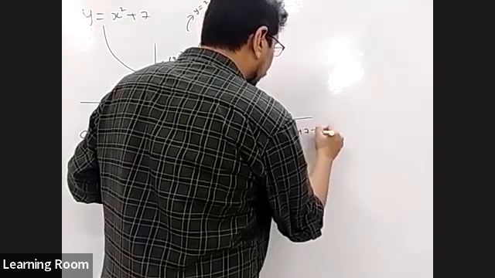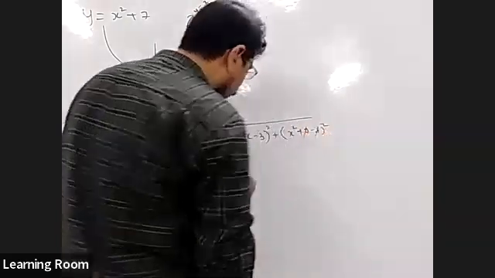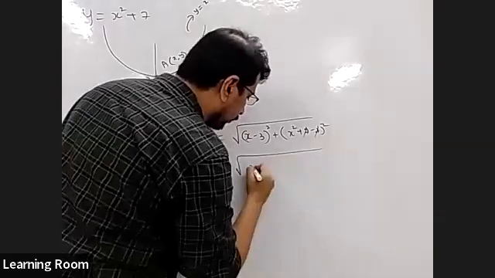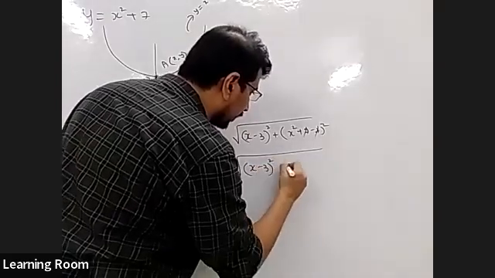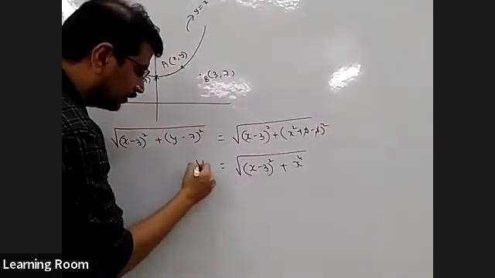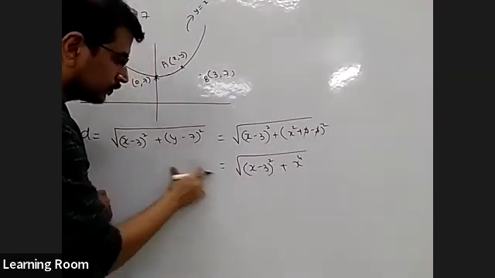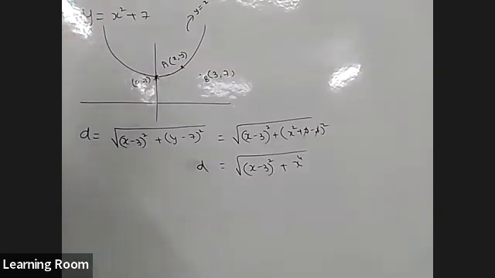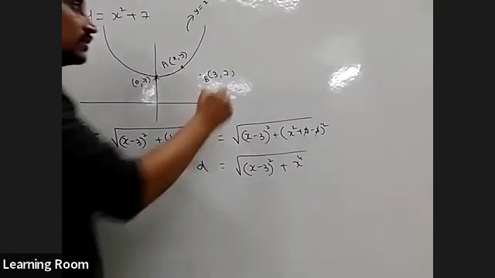Substituting y, x square plus 7 minus 7 the whole square, the 7s cancel. So this is equal to root of x minus 3 the whole square plus x power 4. So this is the value of distance.